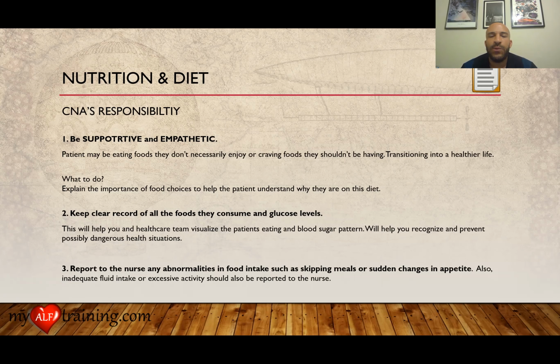That's fine. That's what we want. But at the same time, the healthcare staff needs to be aware of this. So when we check their blood sugar or prepare them for a meal, we take all of this information in and we make the best decision as far as what they should eat, and how much insulin they should be getting.